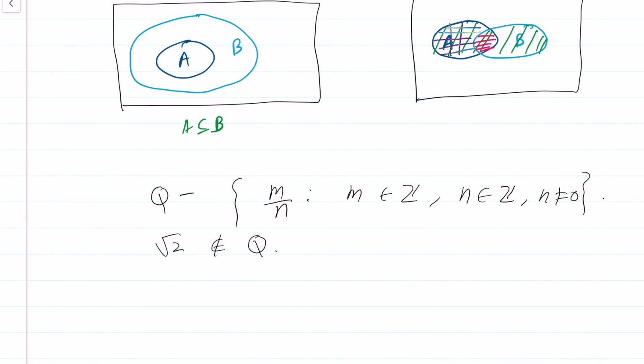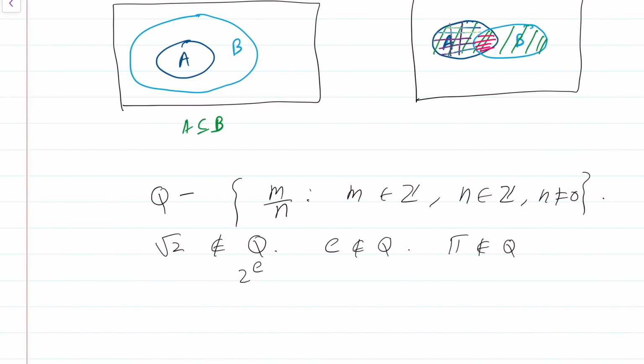Now, it is also known that the number e, which you are familiar with, is also not in Q. And the proof is harder. Even harder is the proof that pi is not in Q. And there are some numbers, for instance 2 power e, where it's not known whether 2 power e is an element of Q or not.